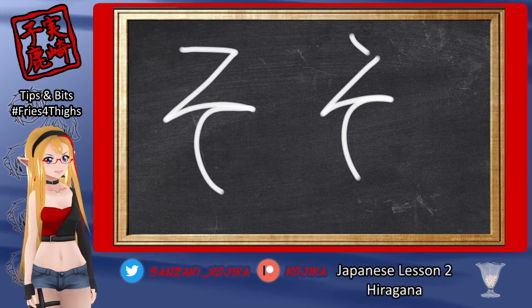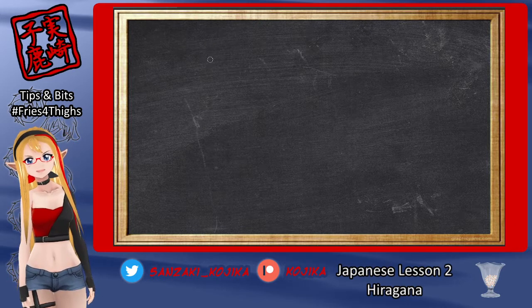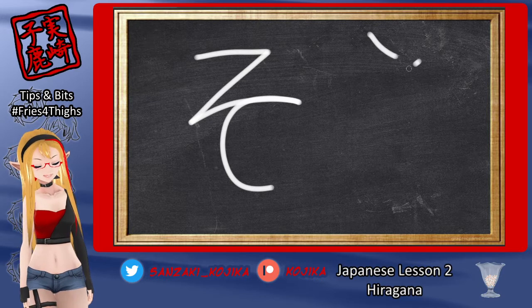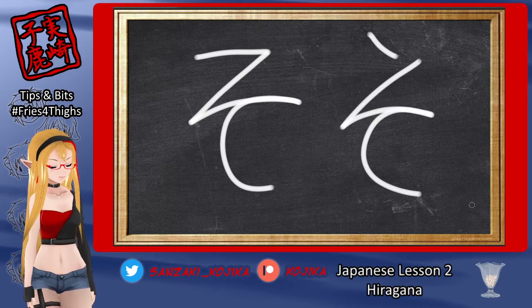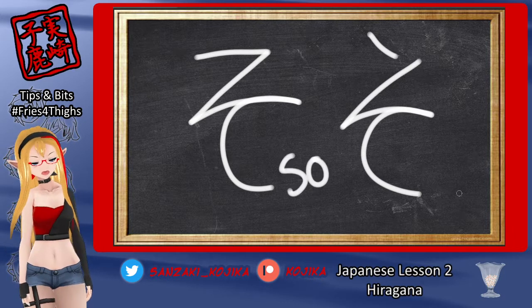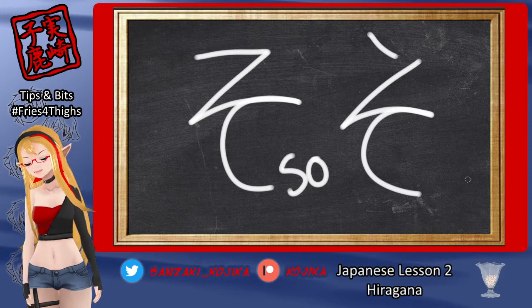So it's either one or two strokes. Good, that's great. So once again, you can do it as one stroke, where you kind of come back, or you can do it as two. These are both read as "so." So what? I'm a spider. No, not that so.